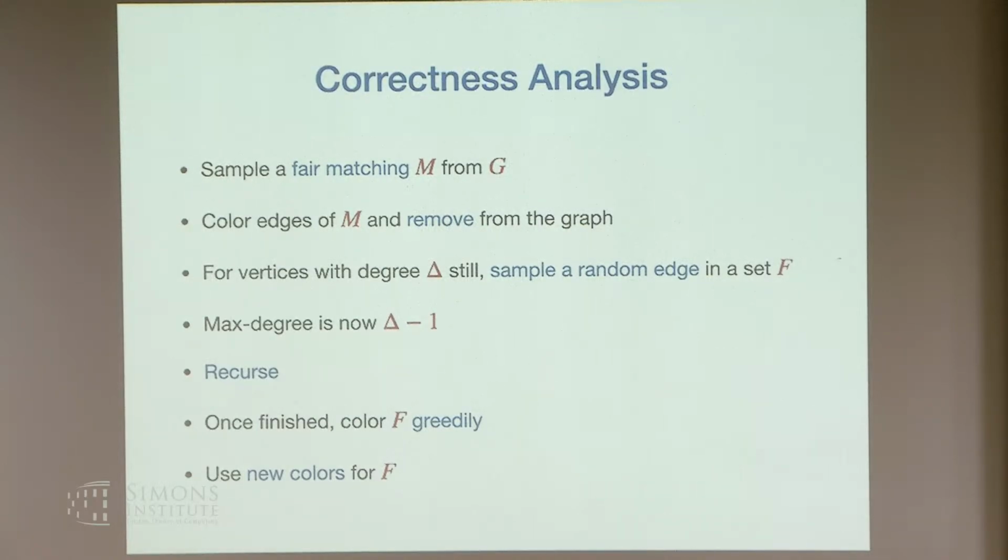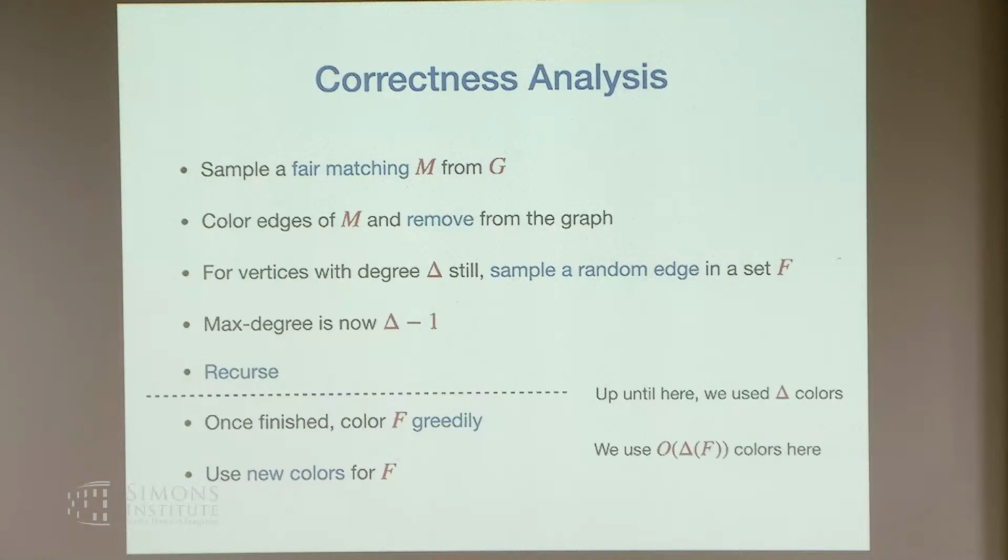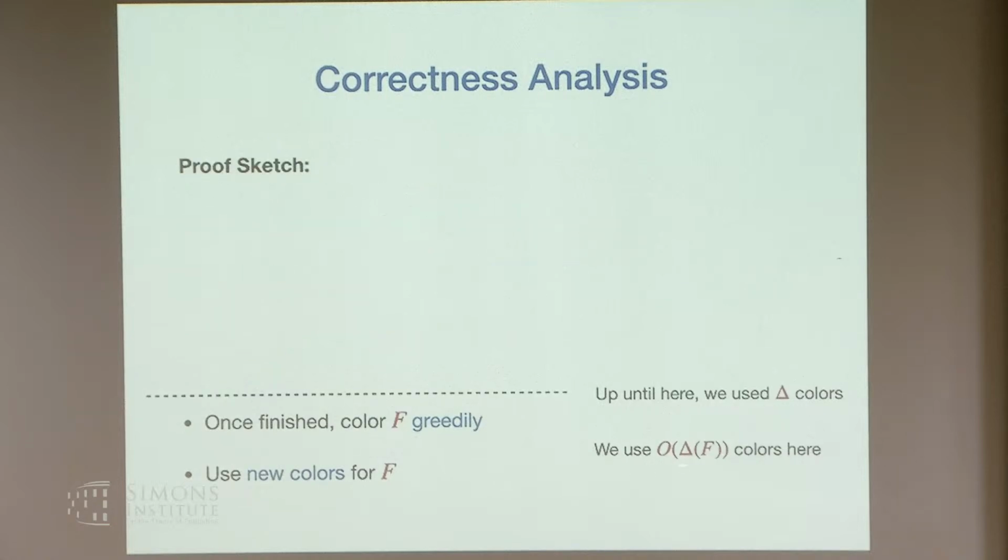So, correctness analysis, very quickly. Up until here, you were using delta different colors. You remove delta matchings, and now you have to color F. This you're going to do very brute-force-ish, with order delta_F colors. You run greedy, in fact even worse than greedy: you color them with 3 times the maximum degree. So now we have to figure out what the maximum degree is here, and look at how many times a vertex is going to remain unmatched and pick an edge.